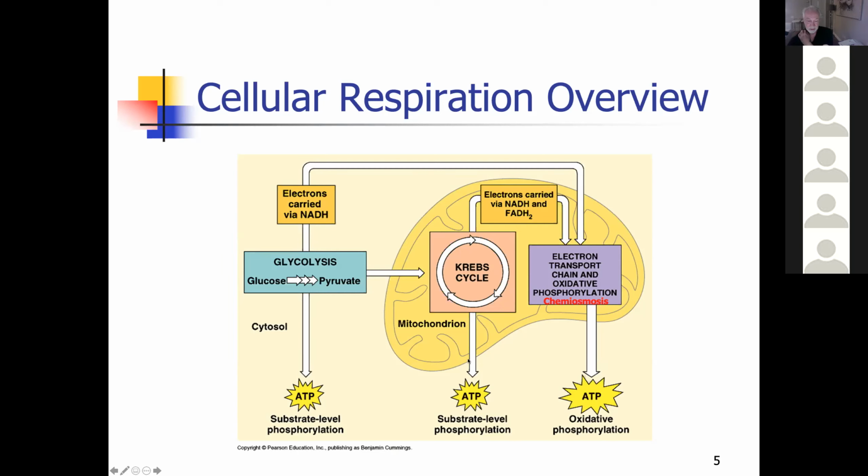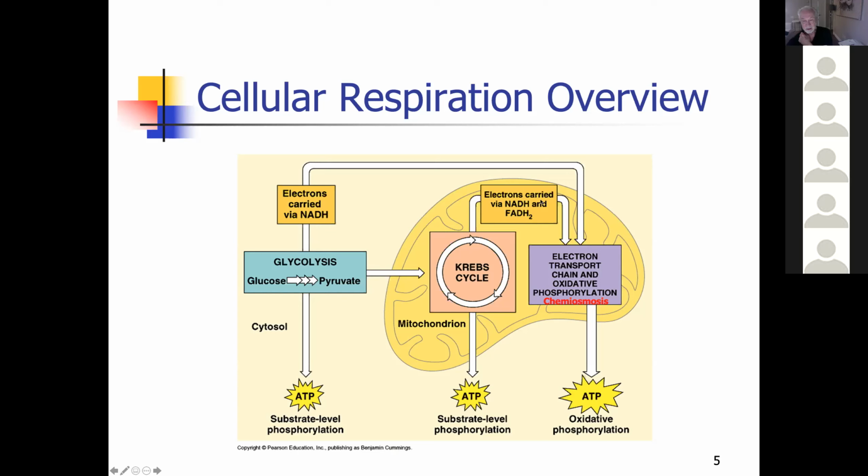Well, the Krebs cycle also has a substrate level phosphorylation, 2 ATP molecules, but both of these first two steps generate electrons that are transported by these electron carriers, NADH and FADH2.